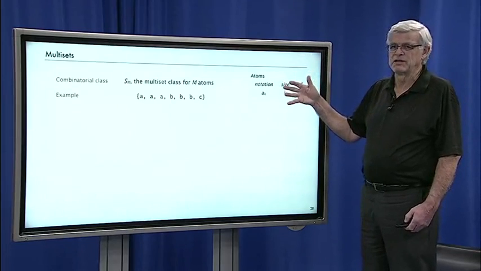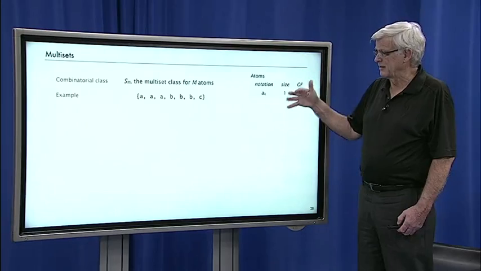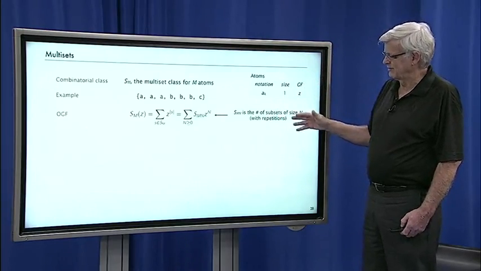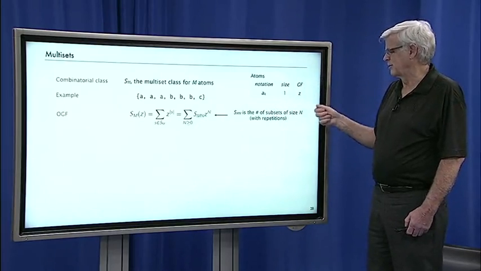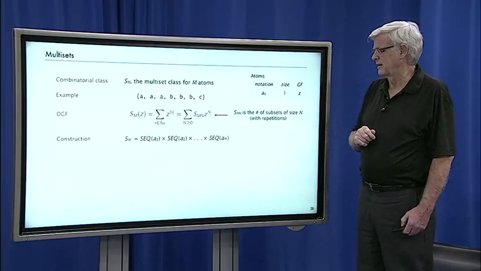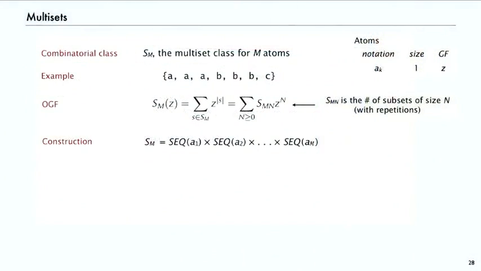Now we can do the same thing with the symbolic method with the generating functions, and now it's going to be SM_n as the number of subsets of size n with repetitions allowed. The construction is just a cross product of sequences of each one of them. And what's the sequence of an atom?